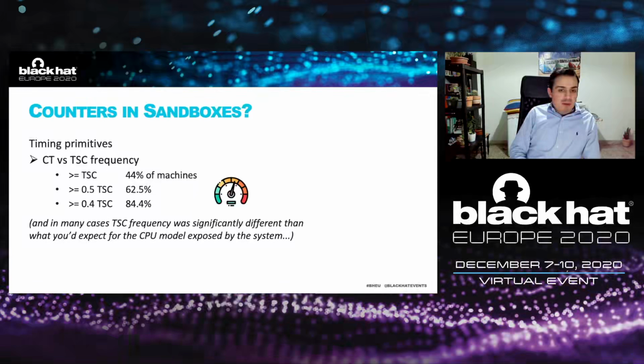This means that there is some work to do in finding other primitives for incrementing that variable faster on other microarchitectures. But the interesting part is that in some cases the TSC frequency that we measured with our method was significantly different from what you would expect for the CPU model exposed by the sandbox, meaning that probably that model was fake.